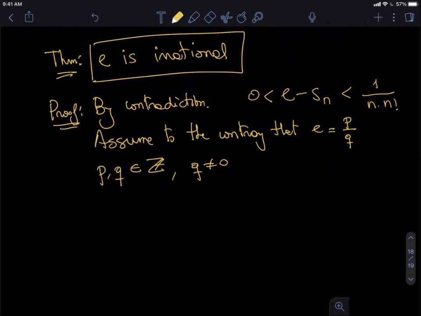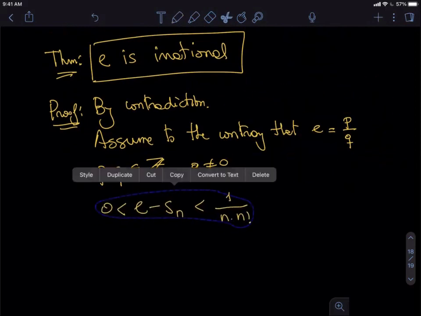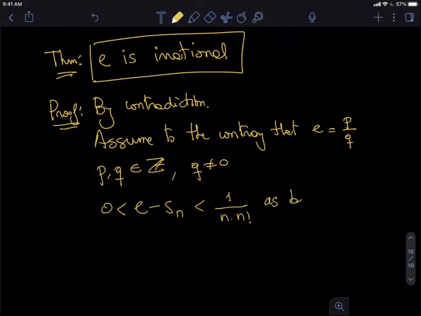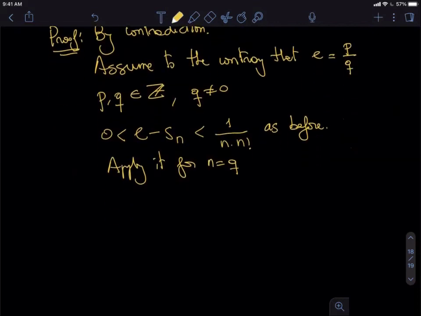Now we can apply this formula, but we apply it for n equal q. Remember, q is a positive integer.